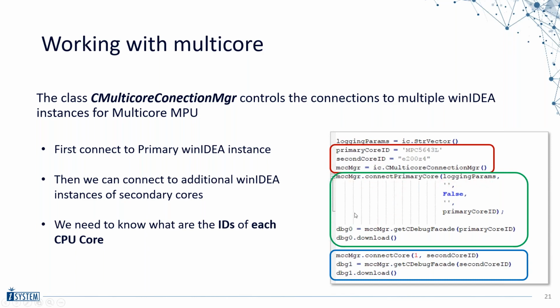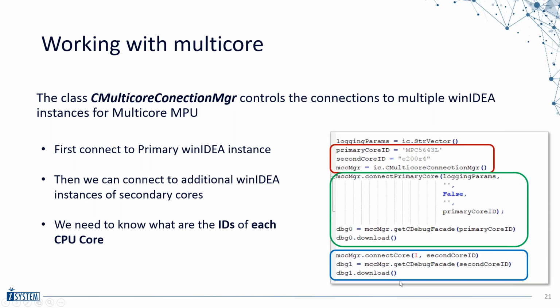When we establish the connection to the primary core, we can create a debug facade that controls debugging on the main core. After the connection to the primary core, we can also open and connect to every additional secondary core of that CPU, and we can create additional instances, for instance, of debug facade.